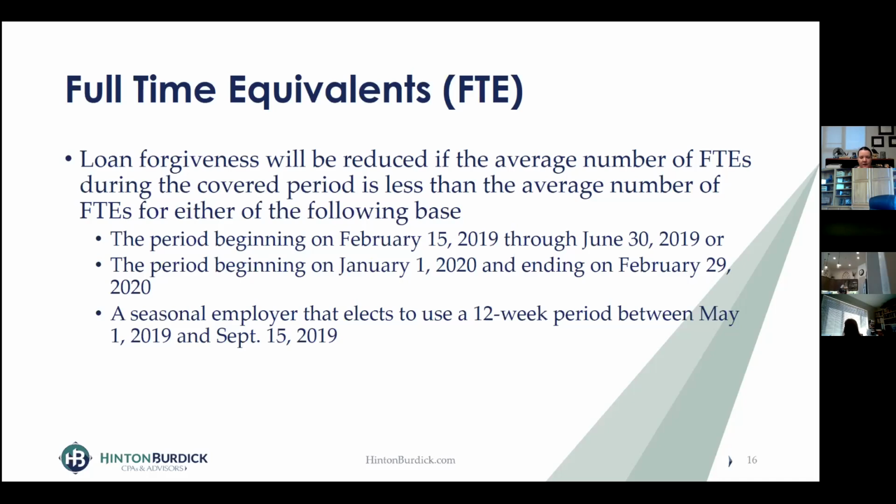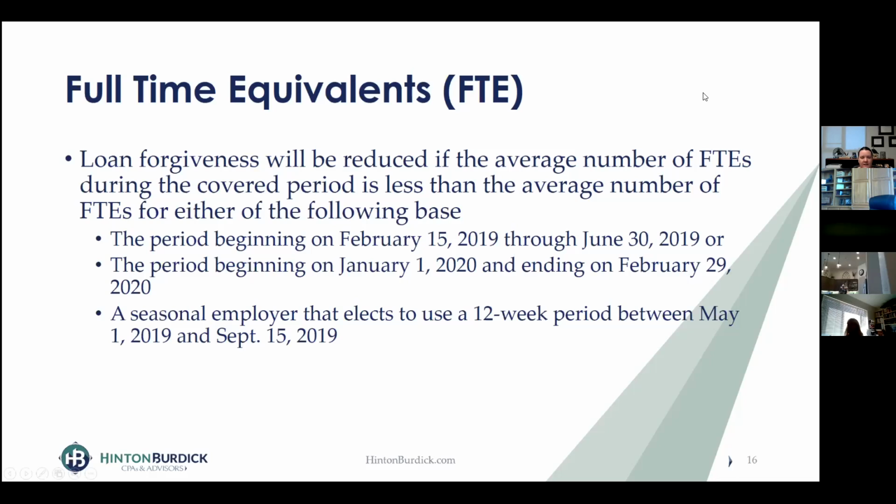So the periods, which is which? The base period can be from February 15th, 2019 through June 30th, 2019, or it can be from January 1st, 2020 to February 29th of 2020.